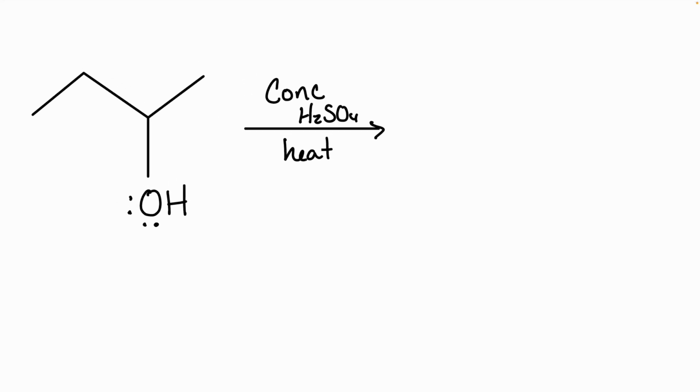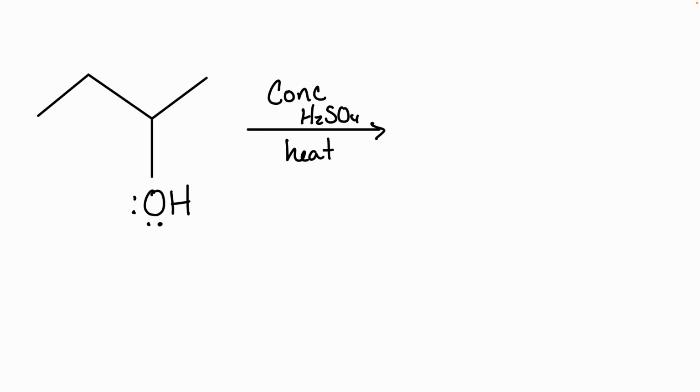All right, so why do I have more than one product? Again, our leaving group is definitely going to be kicked off here, so that carbon's going to be involved in my carbon-carbon double bond. But now I have these two different neighbors, this one over here and this one over here.